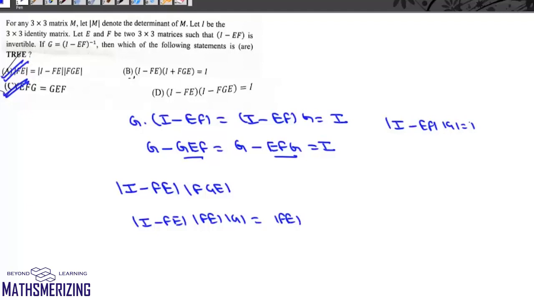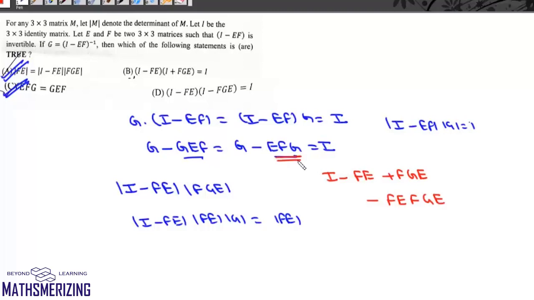Now if we look at this option B, if we multiply it, we can write I minus FE plus FGE and then minus FE into FGE.